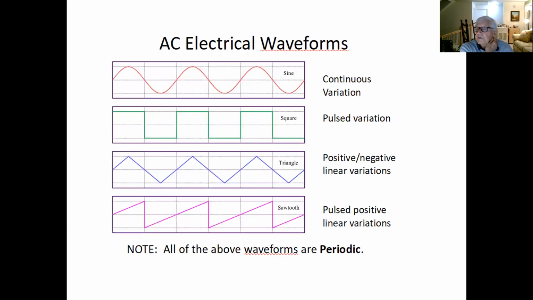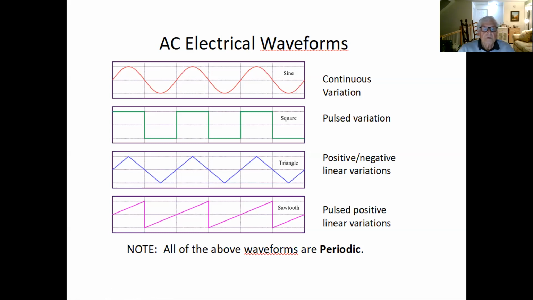We know that AC-wise, you've got different electrical waveforms that you can use. The one that we are using for the book mostly is the sinusoidal wave, which is this one: one peak, two waves, three waves. So basically we show 3 cycles.